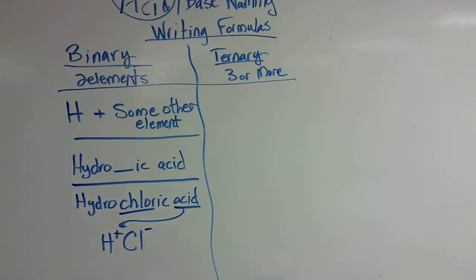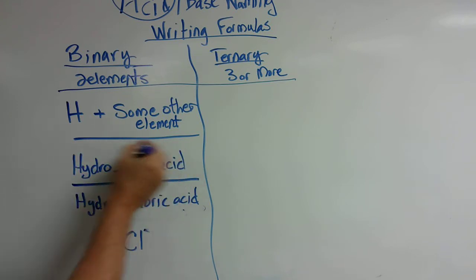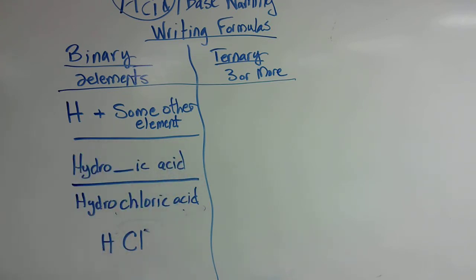Now if I take a look at this, I can reverse it, and what you need to do is write this part here and just fill in the blank. So we say, oh, acid, binary, hydro, ic, and then I put in this element. So it's going to be hydrochloric acid. It's best to go back and forth, because it gives you an idea of what you're doing.